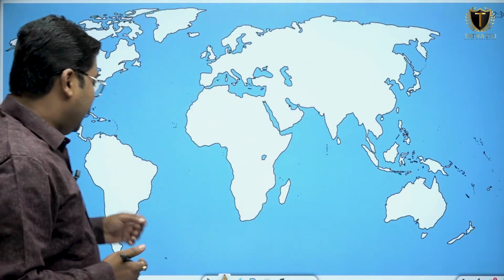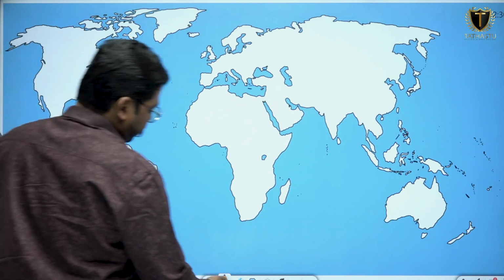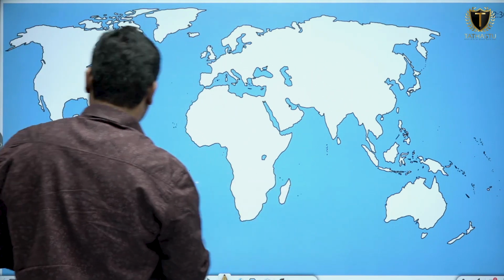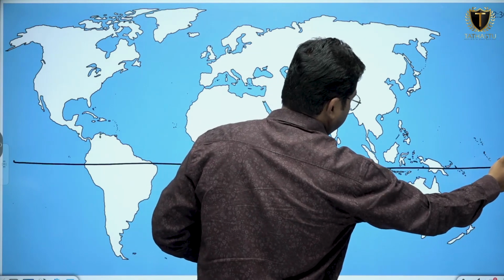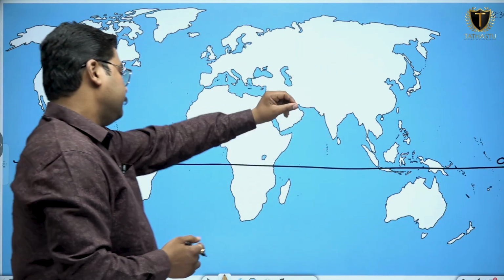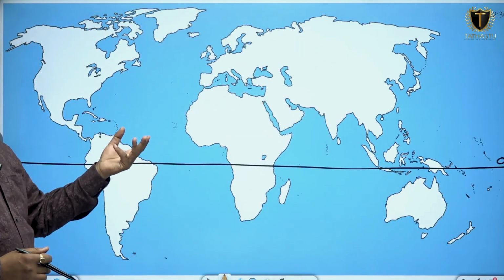So given the world map, I am going to draw first the equator. So you can say this is our equator, 0 degree, and from here we will see the currents.